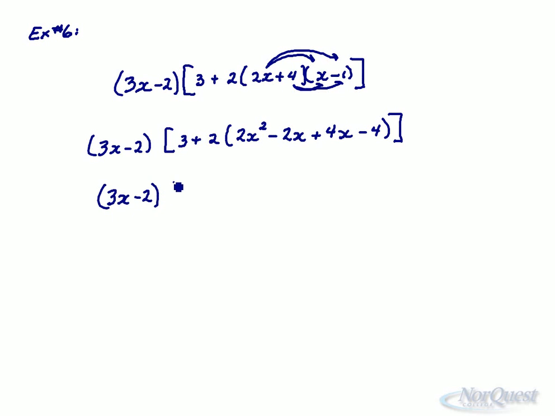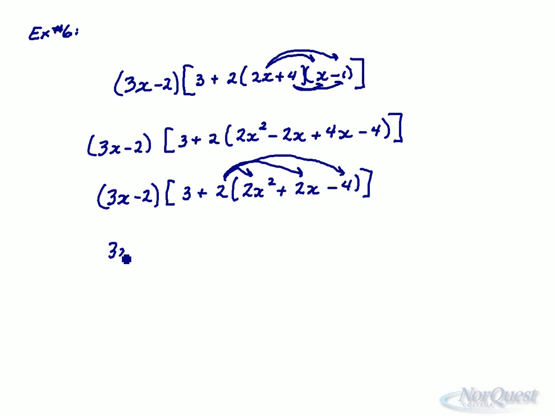So I'm just going to write the simplified version. 3x minus 2 bracket 3 plus 2, and I've got to distribute into that simplified polynomial. Collect like terms. I get 2x squared plus 2x minus 4. And now I got to do distributive law again. Now I distribute the 2 through that trinomial.